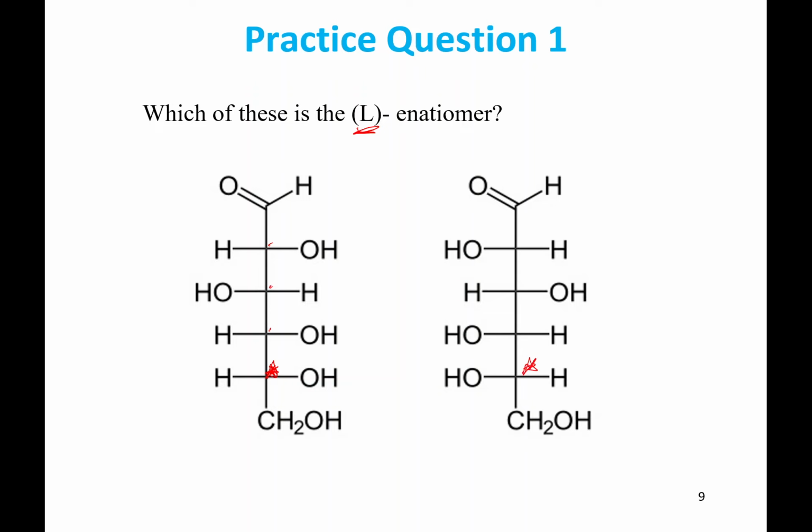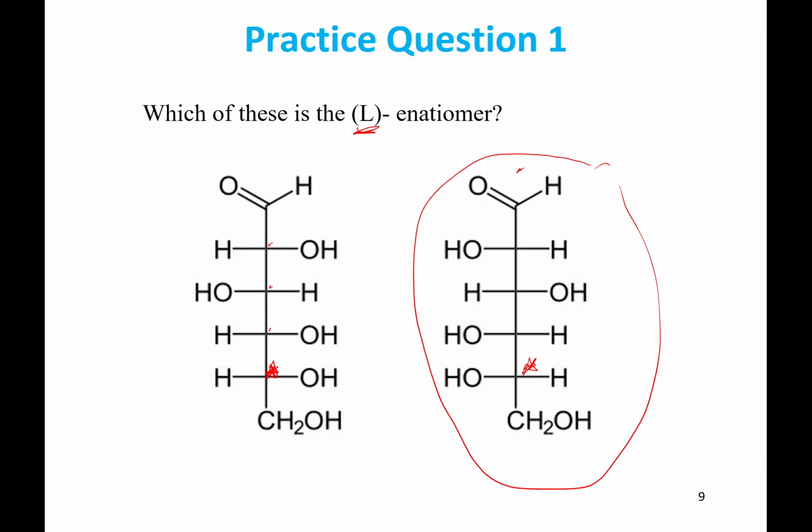Okay, and this is asking for the L enantiomer. So when we have the carbonyl on top of the Fischer projection, we look to the stereocarbon that is furthest from that, and then the OH group needs to be pointing to the left for the L enantiomer, just like in L-glyceraldehyde. Okay, so that would be this guy.